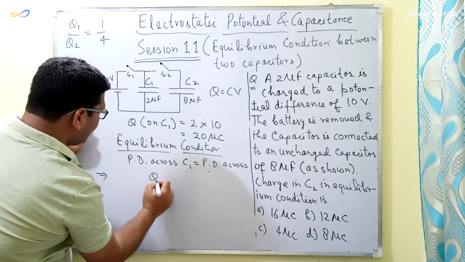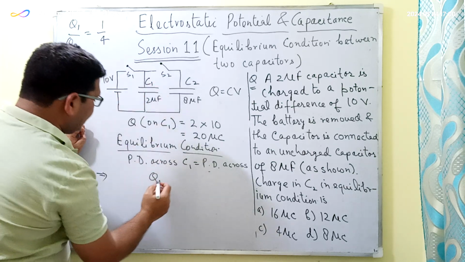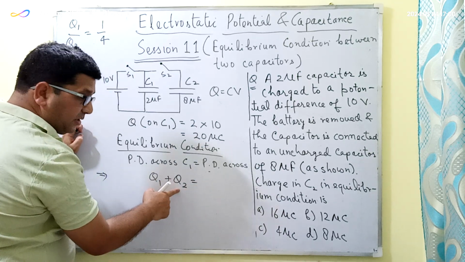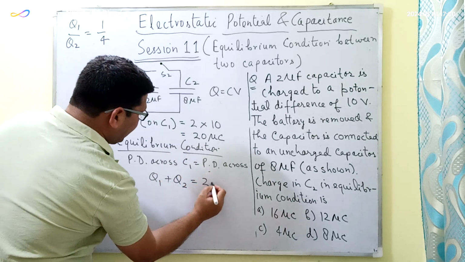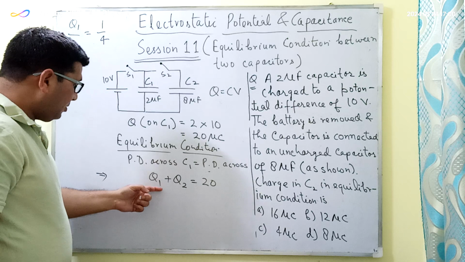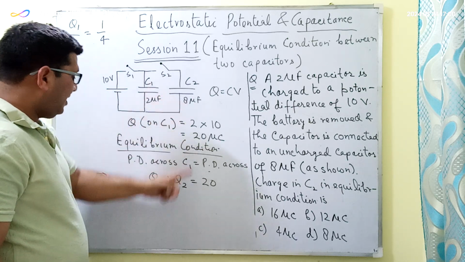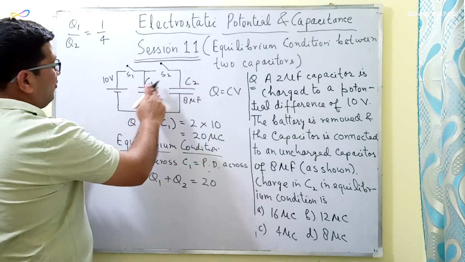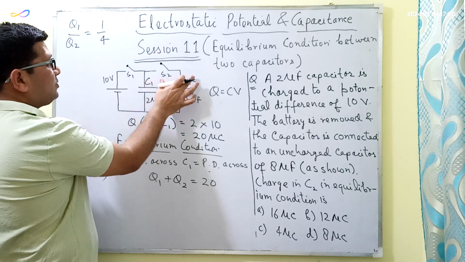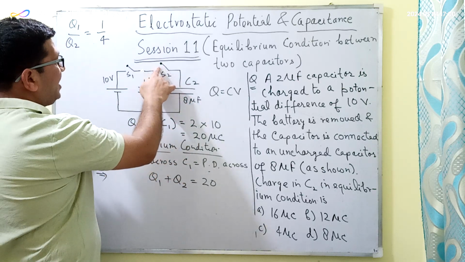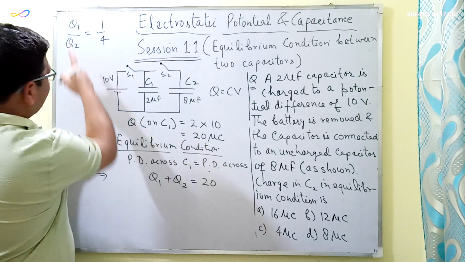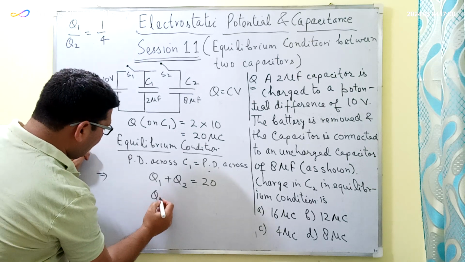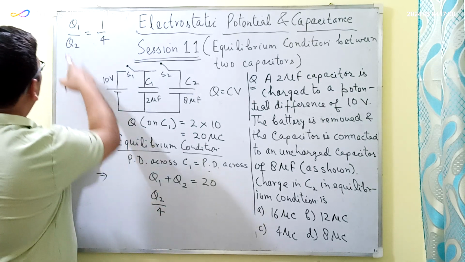The total charge is Q1 plus Q2, which will be equal to 20. Q1 is the charge on capacitor C1, and Q2 is the charge on capacitor C2, when C1 and C2 were connected to each other by closing the switch S2. Since I have to find the value of Q2, I will substitute the value of Q1, which is equal to Q2 upon 4, from this equation.